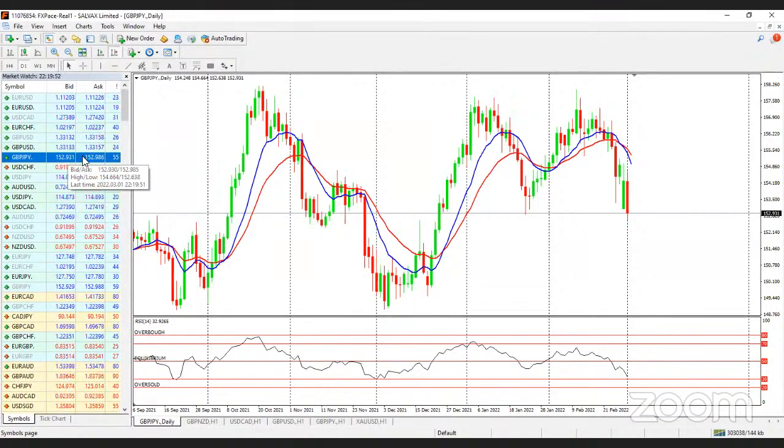But look at JPY. Currently we have 152.923. So anything that ends with JPY has a 3 decimal quotation after the decimal point. So it's the same thing. The last digit is also the pipette.